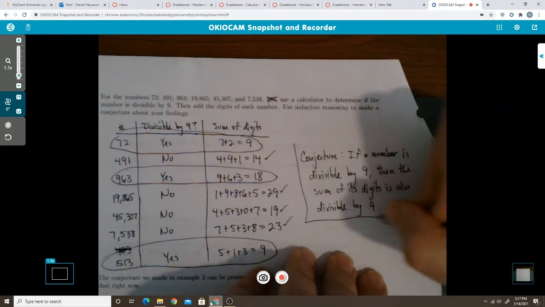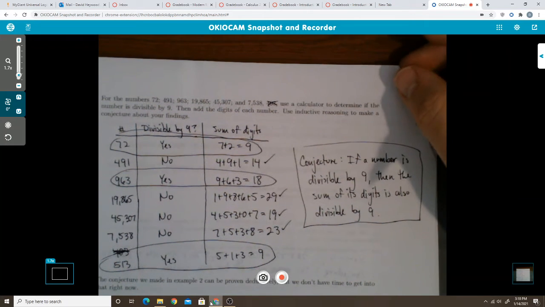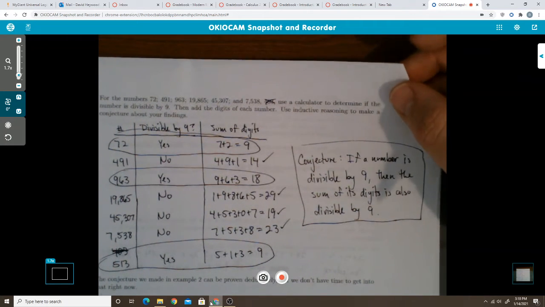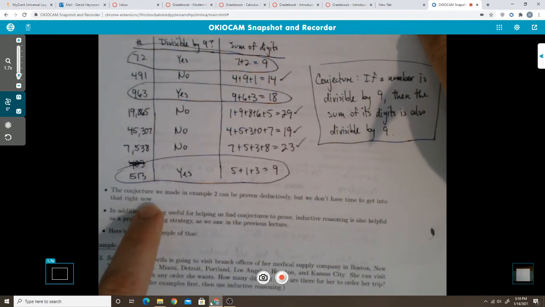Okay, and based on the examples that we've seen, that would be a conjecture we would make, right? Now, this conjecture happens to be true, right?